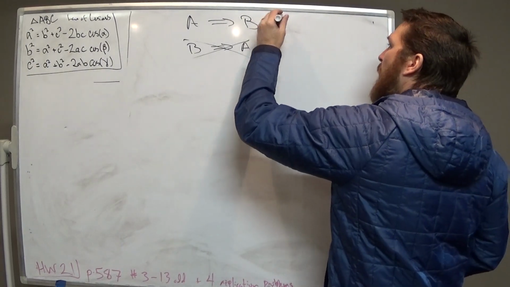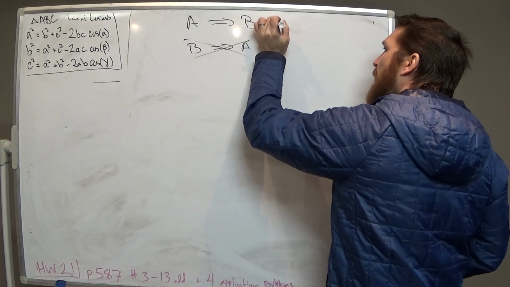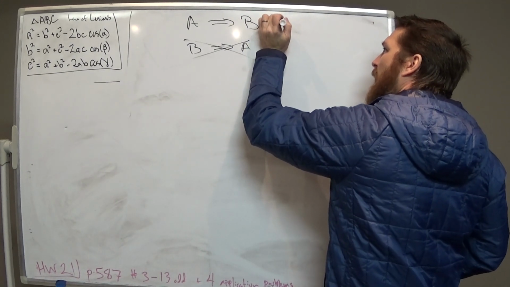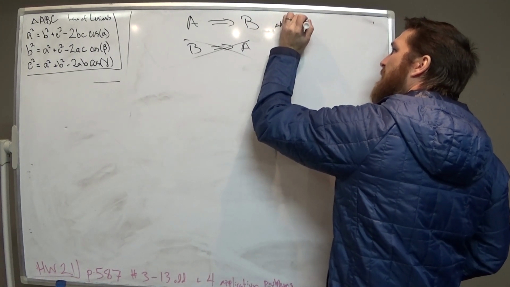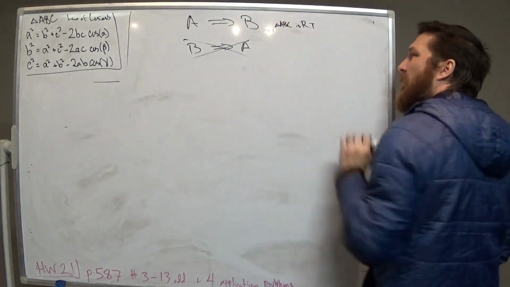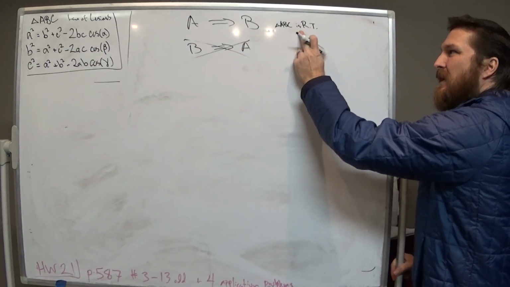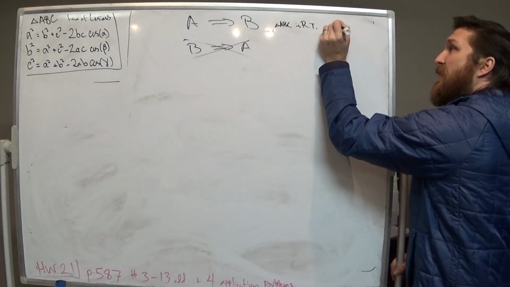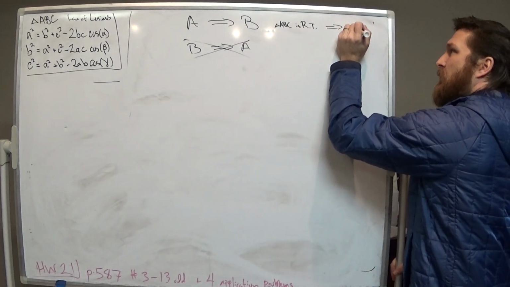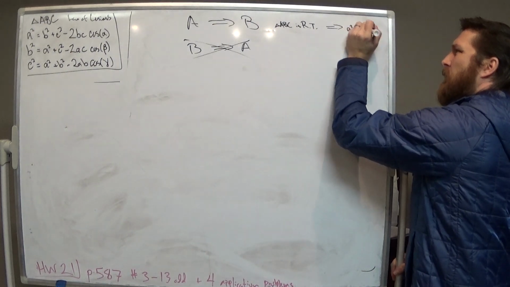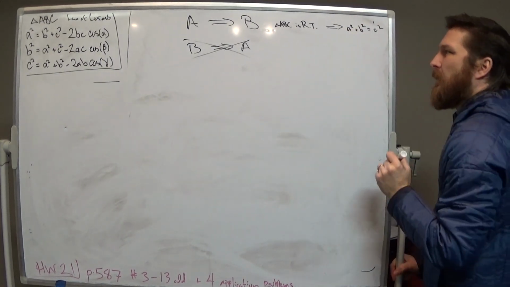lecture 1. So we proved that if triangle ABC is a right triangle, then A squared plus B squared is equal to C squared.